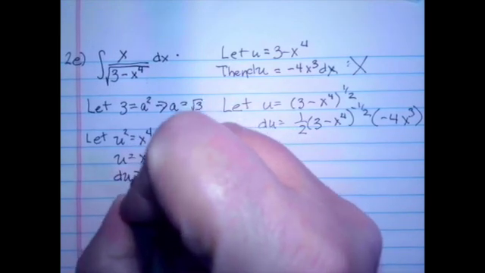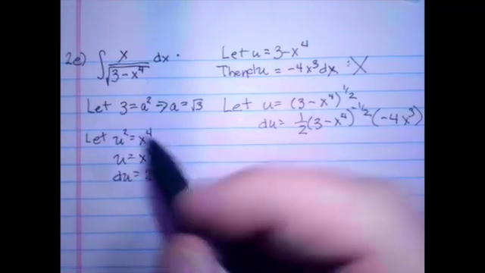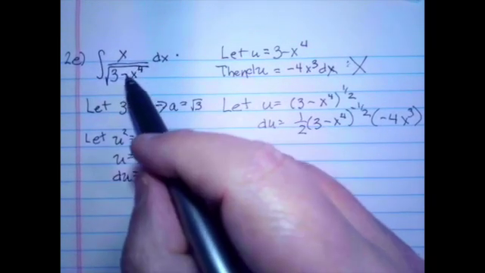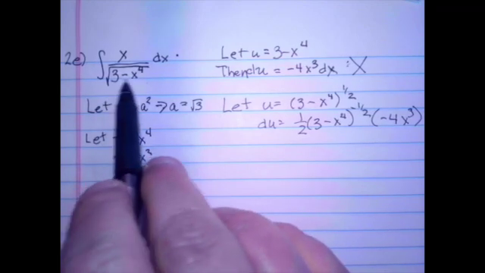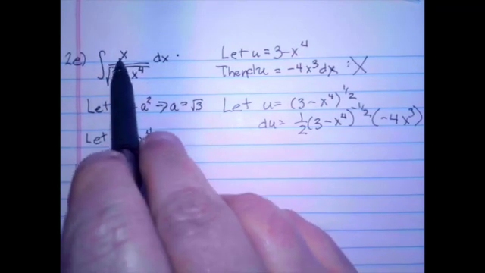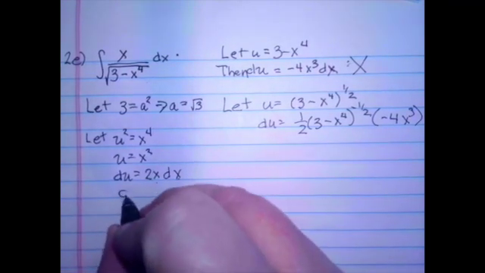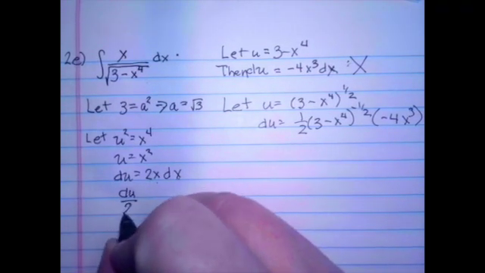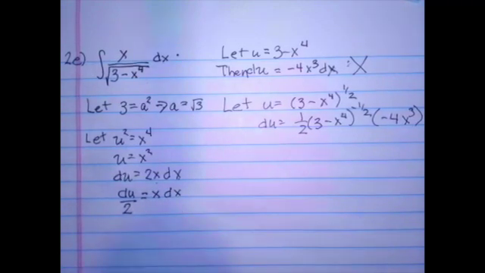So du would be 2x dx. And that's looking good, so we would have the a squared minus u squared down here, and we have to find something to do with the x, and it looks like it's going to fit into the du very nicely. So how about we do this? Du over 2 equals x dx.